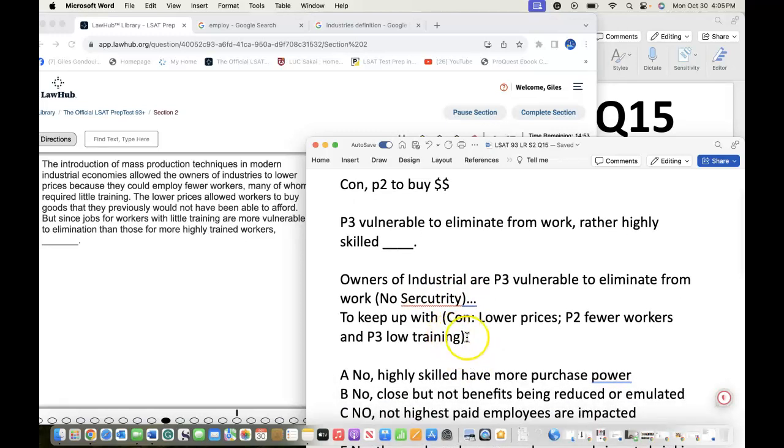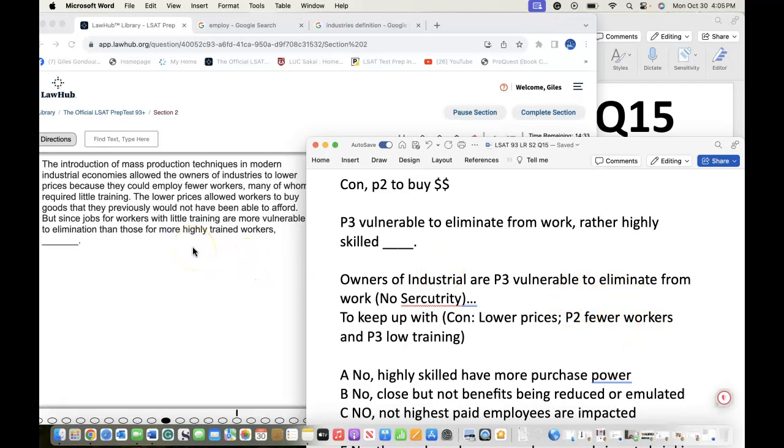So to keep up, they decided to lower the prices, and by lowering the prices, they were hiring workers who were low training, unskilled, and these few workers could purchase the goods.